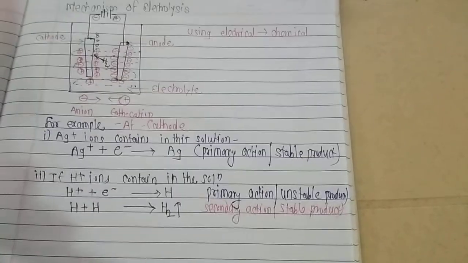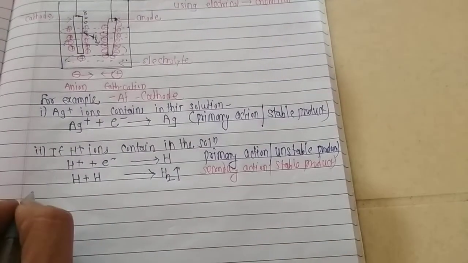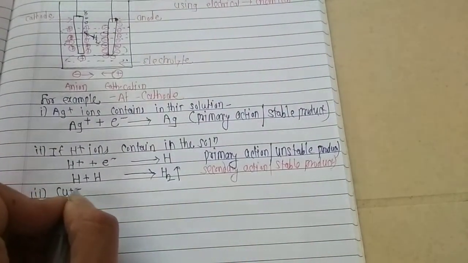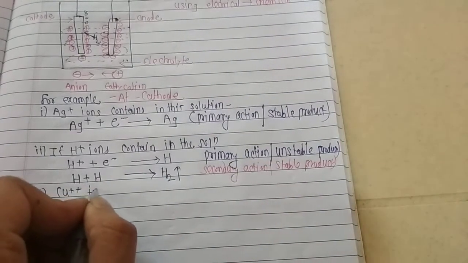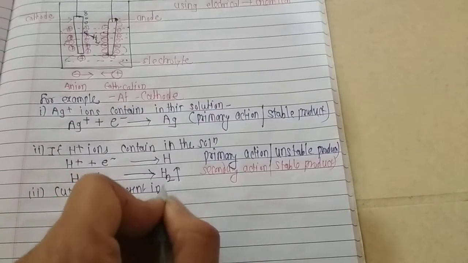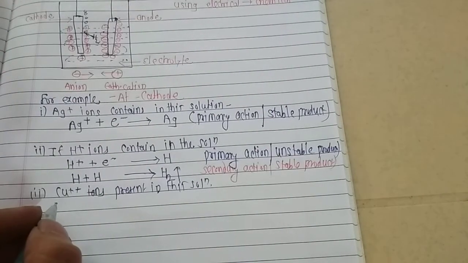In a similar way we can write another example. If Cu2+ ions are present in this solution, what happens here?